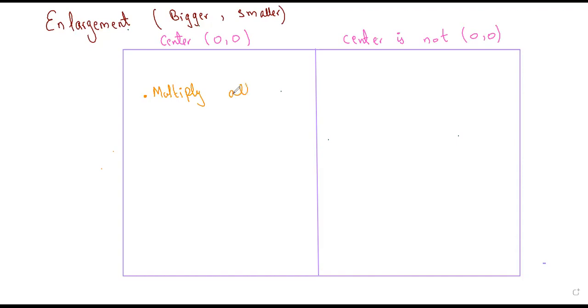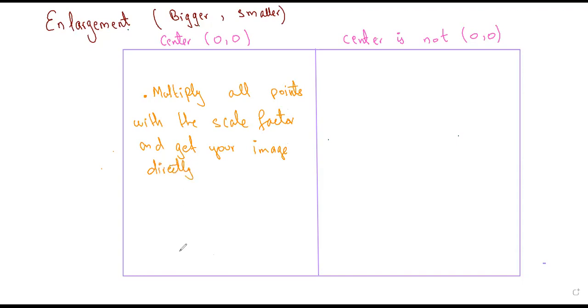You are going to multiply all points with the scale factor and get your image directly.